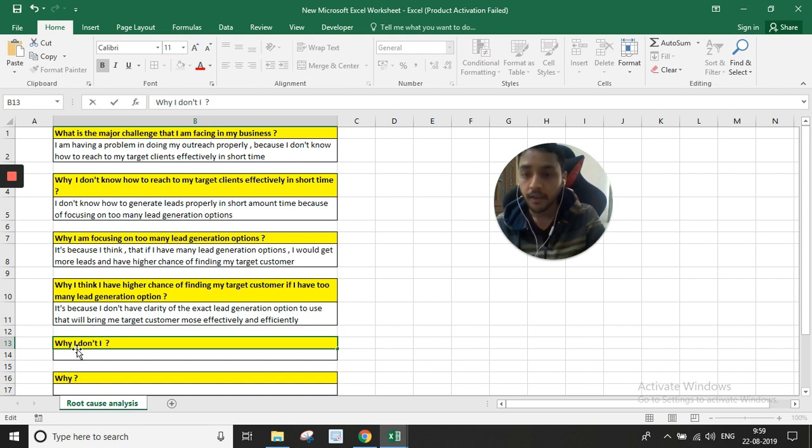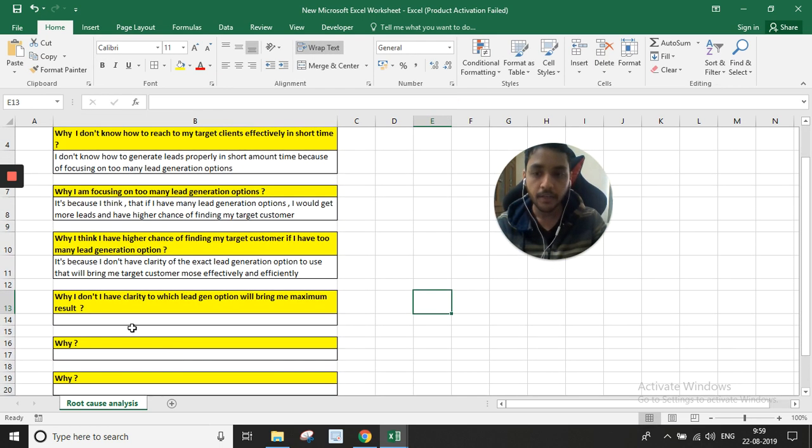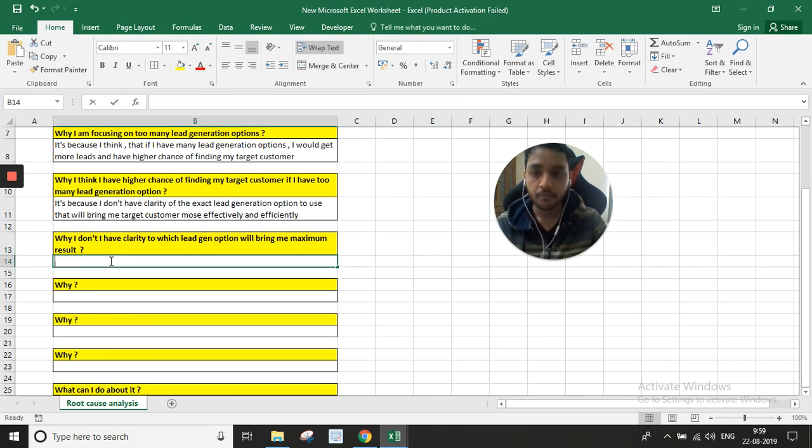Why don't I have clarity on which lead gen option will bring me maximum result? It's a problem of clarity, right? So why don't I have clarity? What would be the answer to that?